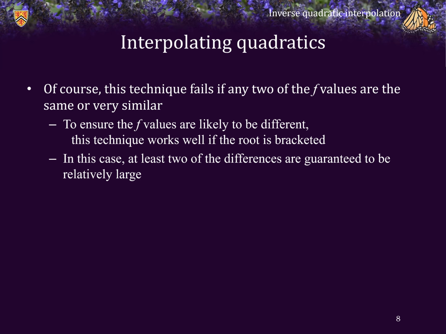So in this case, at least two of the differences of the f values are guaranteed to be relatively large, since the signs of two of the f values will be opposite. So this technique is not generally used as a standalone technique, but it will be used in our next algorithm, the Brent-Dekker method.